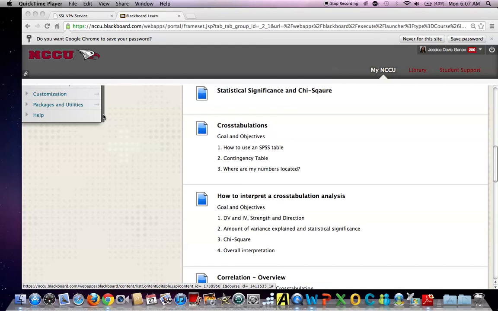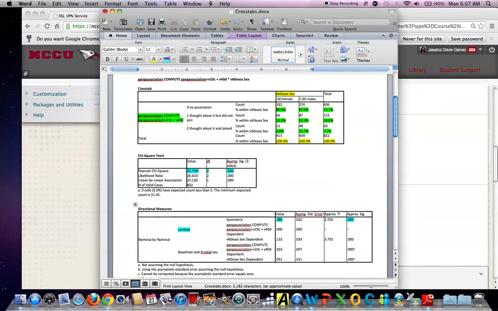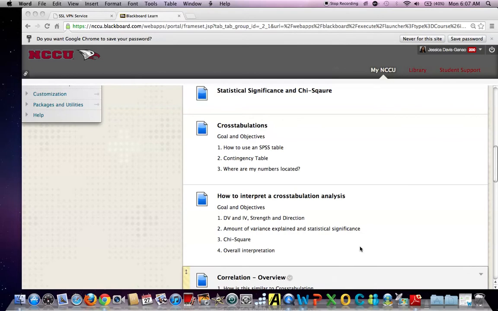Okay, so the next thing we want to talk about is how to interpret one of these crosstabs. The things that we're going to talk about in terms of interpretation are these four lines of interpretation.